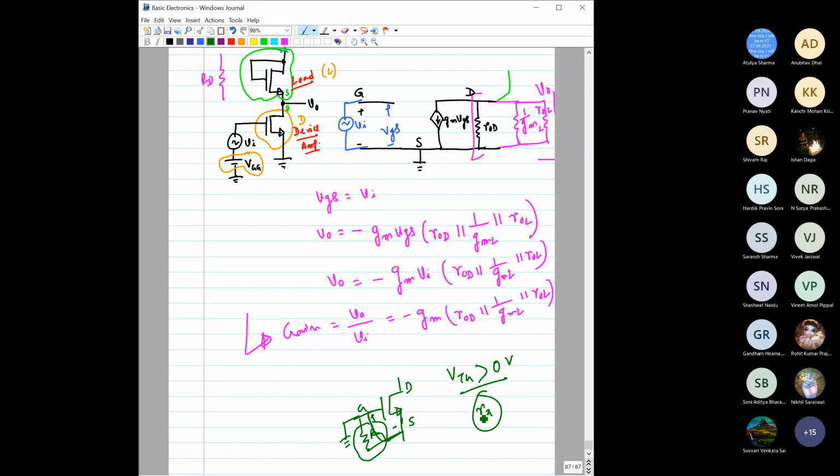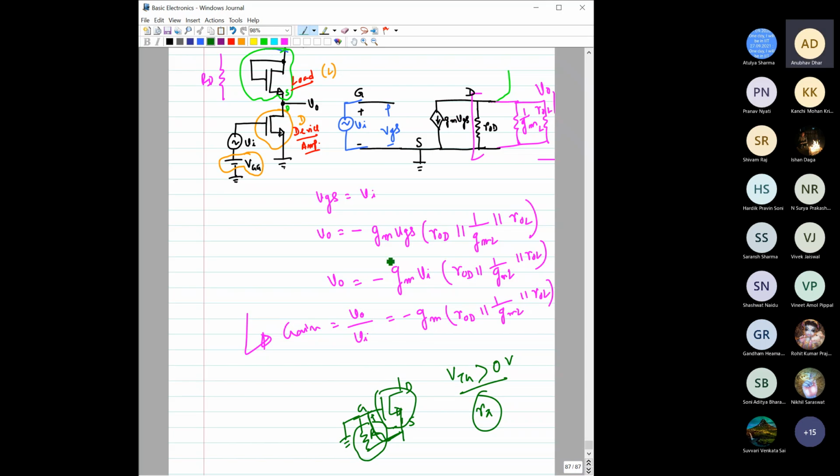So we do not connect R pi separately there. R pi is coming from the BJT only, inside. Here, if you are connecting some resistance, that is an external resistance. This is not a part of this MOSFET.